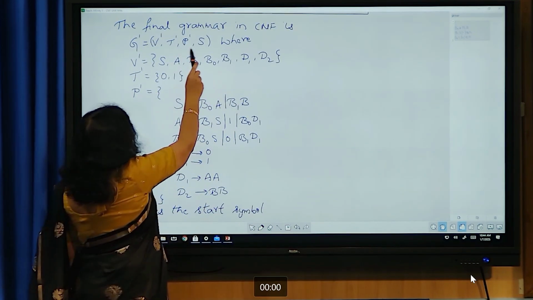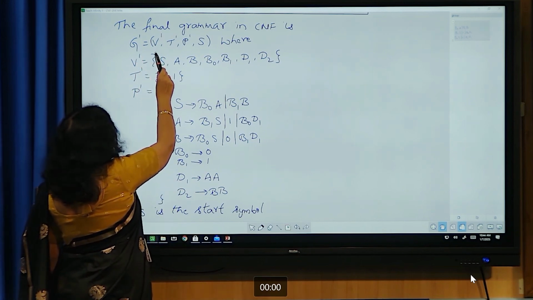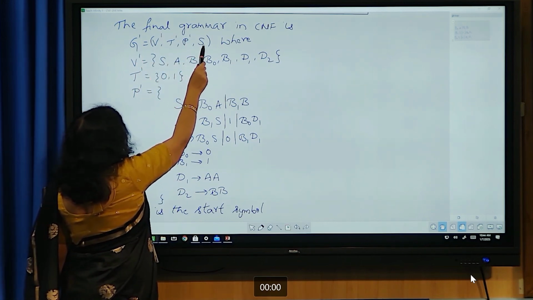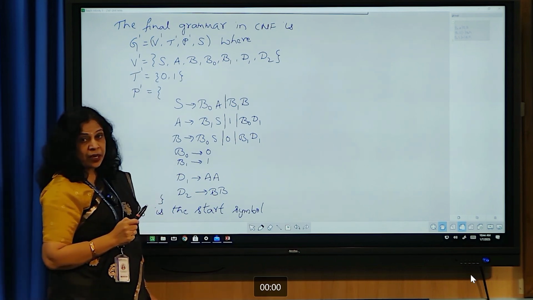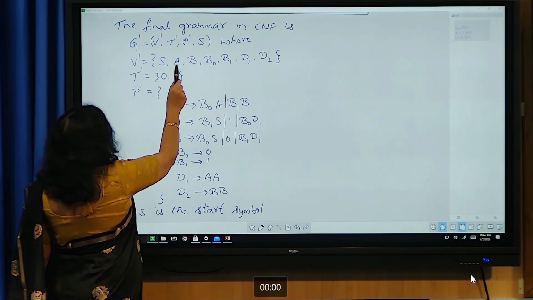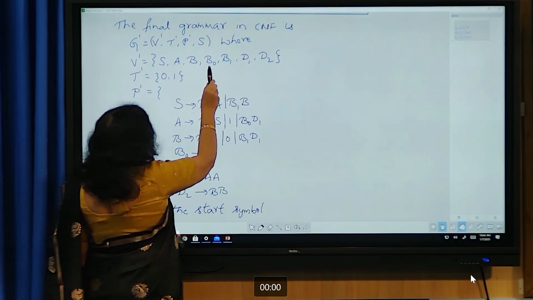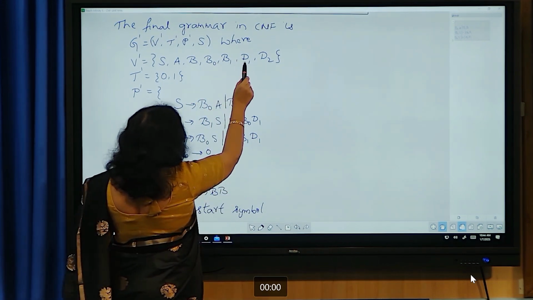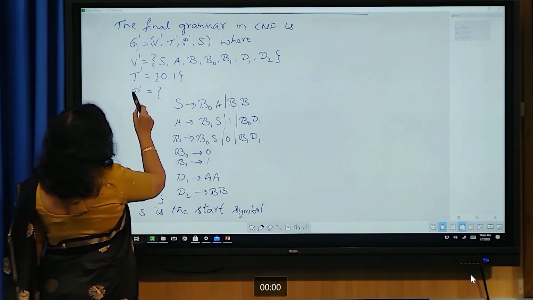So the final grammar in CNF is G dash equals (V dash, T dash, P dash, S), where V dash, what are the variables we have? We had S, A, B. In the first iteration we introduced B0, B1. Second iteration we took D1, D2. So these are the variables.